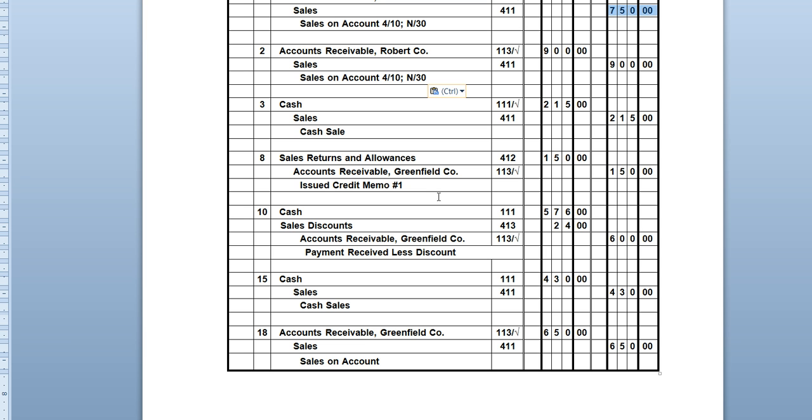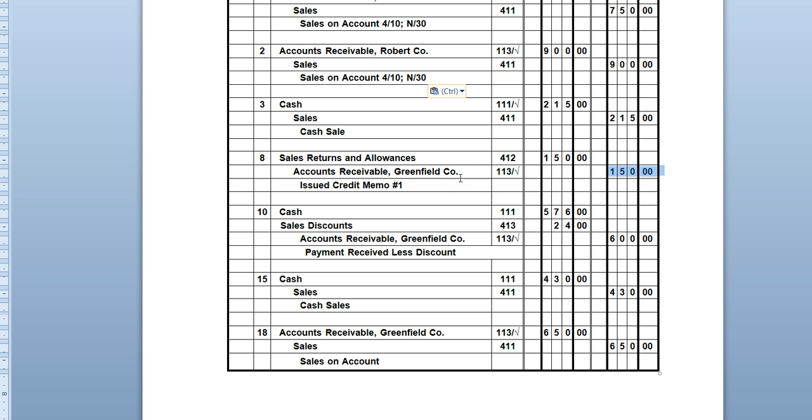Under any circumstances, the buyer contacts us, and we usually agree to a return, and we issue the buyer a credit memo, which means that we're going to credit the account receivable. As you can see here, we credit accounts receivable Greenfield Company to reduce the amount that is owed to us, so that $150 is going to be taken off of Greenfield's account.